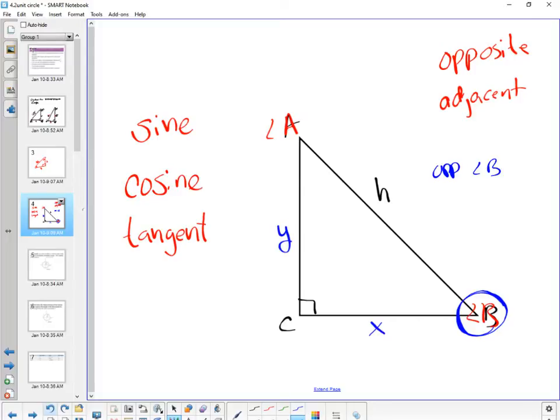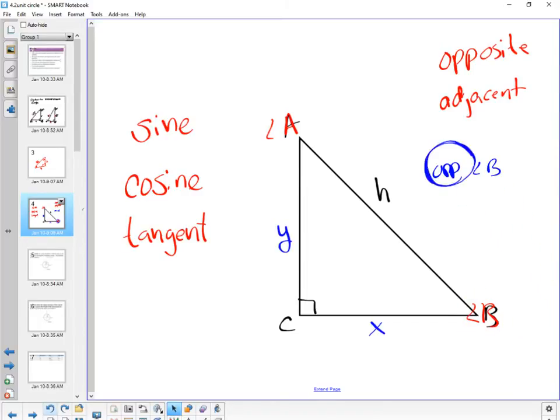No! This is not adjacent. A or H? H. Oh, it's the hypotenuse. Is it ever anything other than the hypotenuse? No. So Y is opposite, X is adjacent, and H is the hypotenuse, right? Never call it anything other than the hypotenuse. The hypotenuse is always the hypotenuse. Simple enough? Okay.